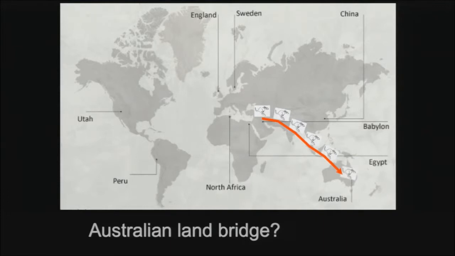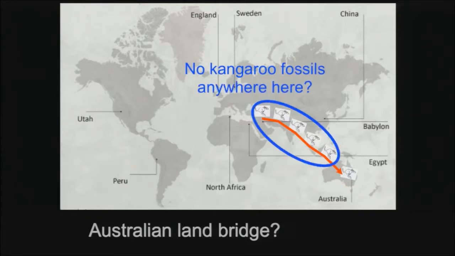Now that to me is an extraordinary claim. We would expect, somewhere between the Middle East and Australia, to find evidence of kangaroos. We would expect to find some fossils, some bones. In the last 4,000 years, somebody would have been hopping along there and died along the way, and we'd find them.